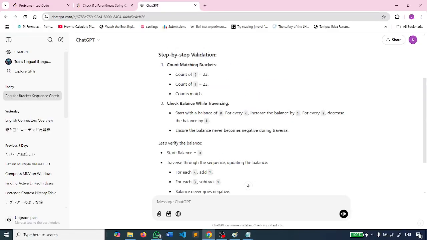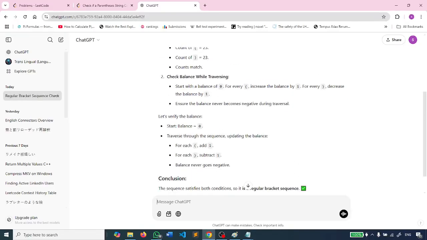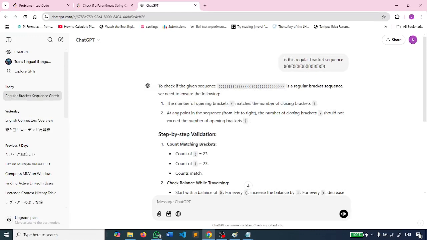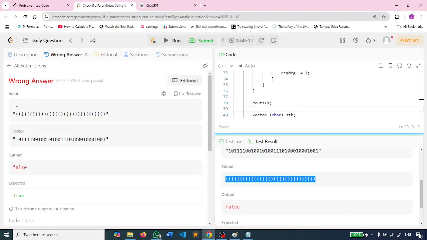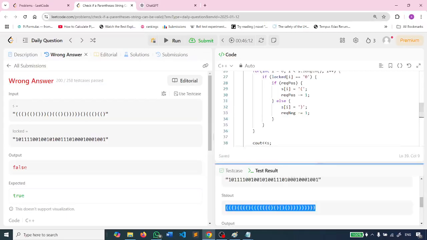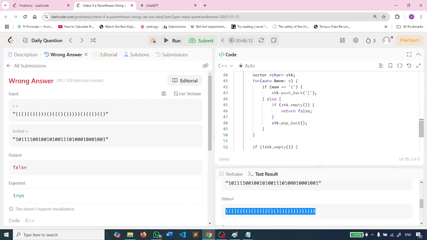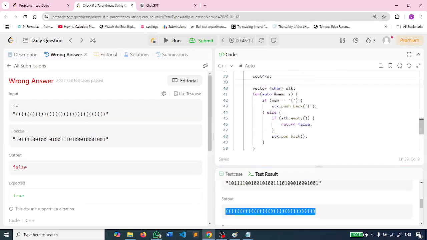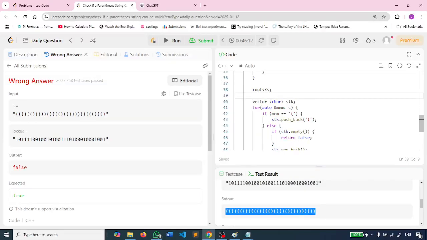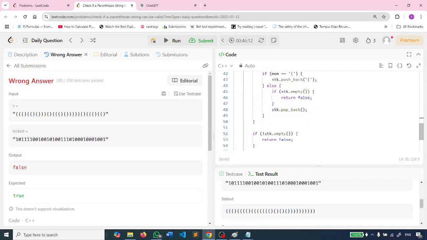It says it's a regular bracket sequence. So where do we get our false out of? Let's try printing it below this.